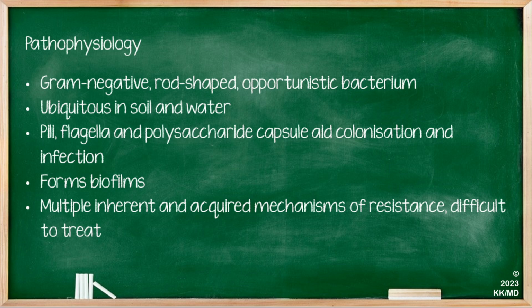It has pili, flagella, and a polysaccharide capsule that aid with colonization and infection. It can form biofilms, and multiple inherent and acquired mechanisms of resistance can potentially develop as a result of Pseudomonas infection. And in those cases, it is actually quite difficult to treat.